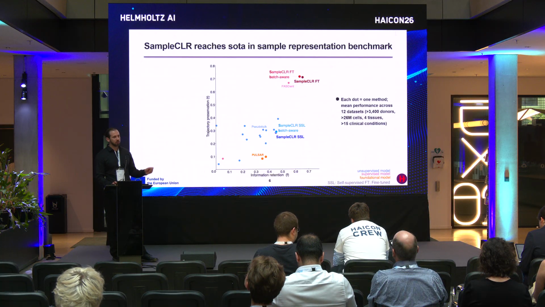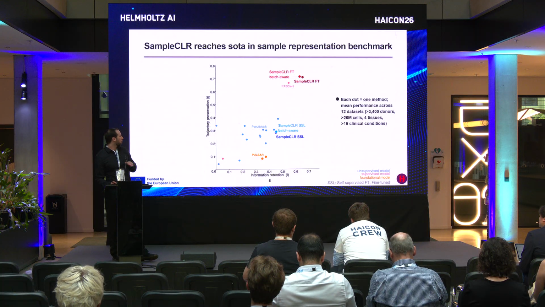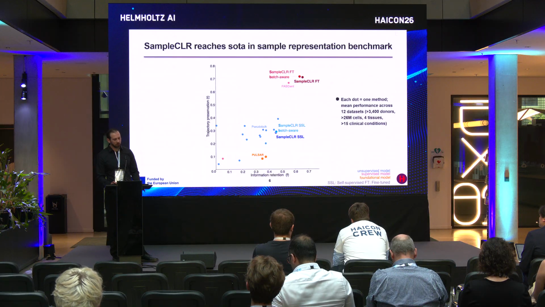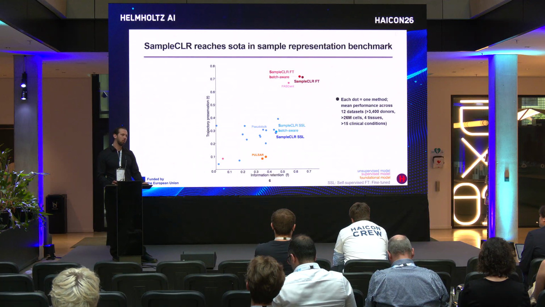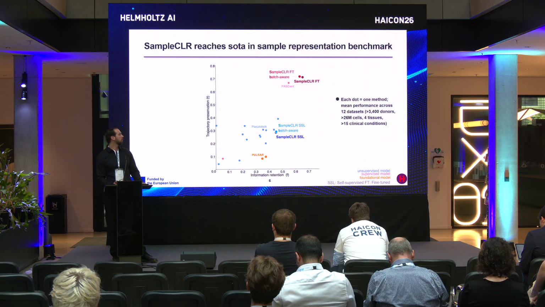So each dot in this scatter plot you can see here corresponds to the results of one method across all of these data sets, and we measure both the information retention and trajectory preservation. These two scores assess how well we can recapitulate certain clinical labels and essentially measure how well we can predict clinical outcomes.